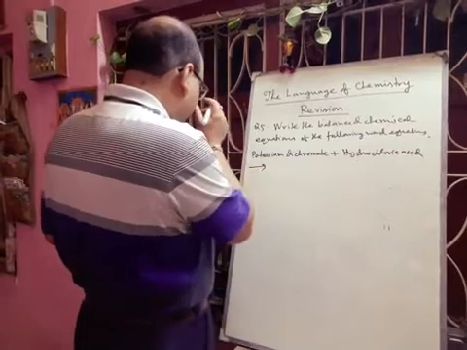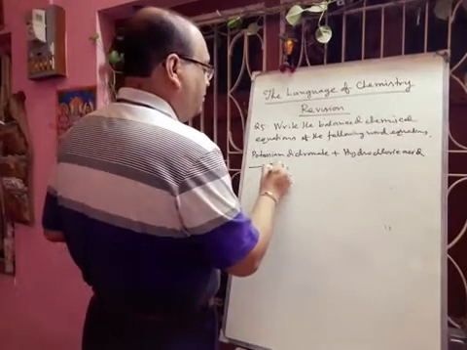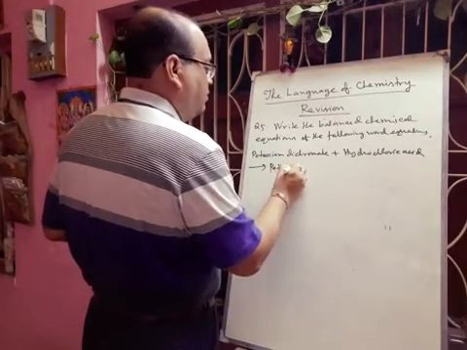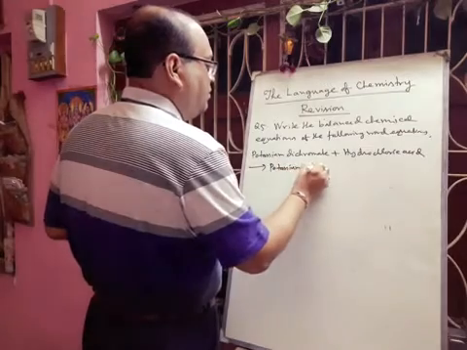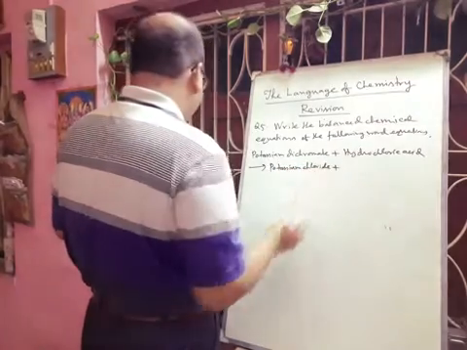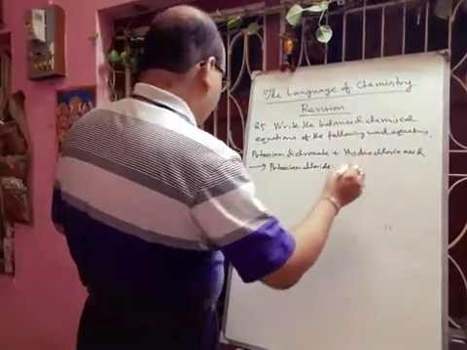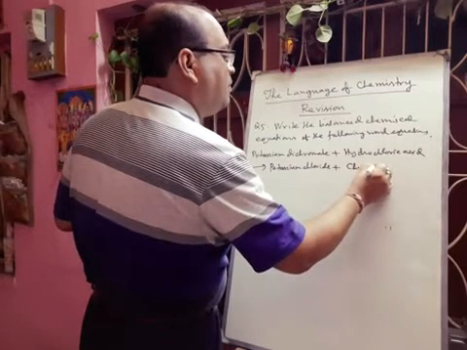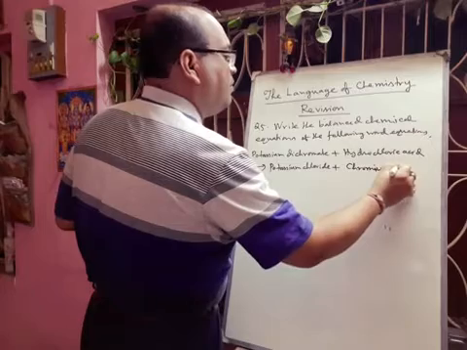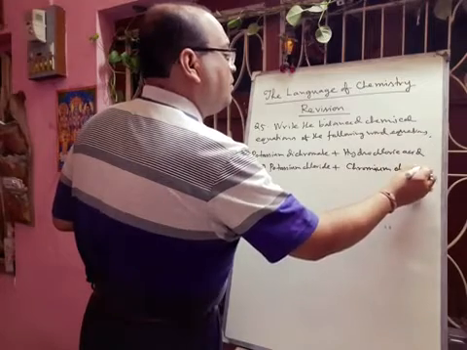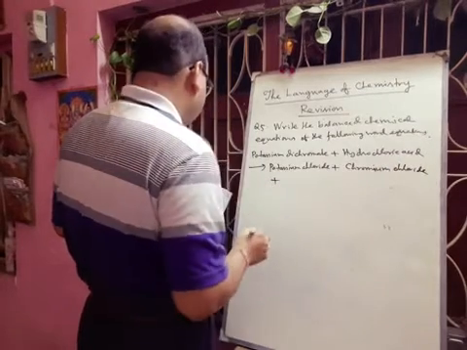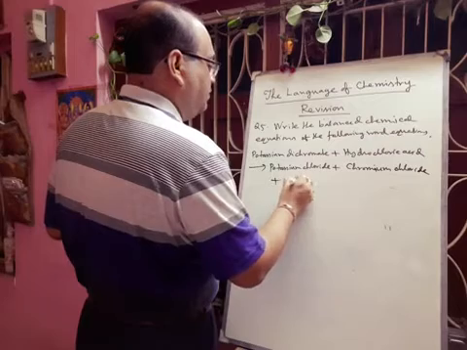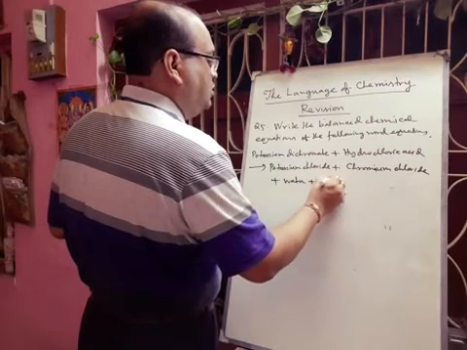That will form potassium chloride plus chromium chloride plus water plus chlorine.